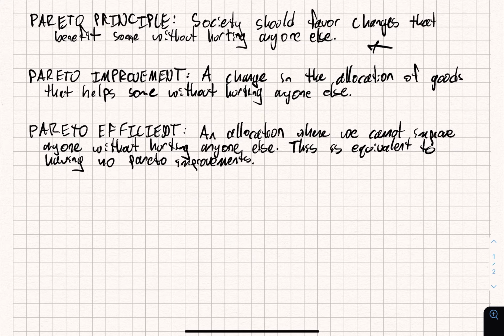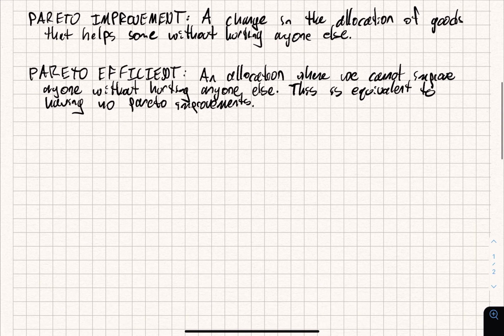Okay. So the connection here to tutorial 9, here we have some definitions of efficiency. And when we were talking about perfectly competitive markets, maximizing welfare, it turns out that this maximization of welfare is Pareto efficient.